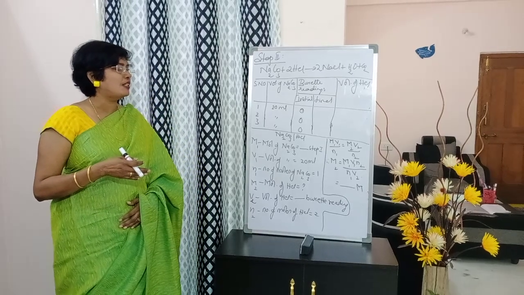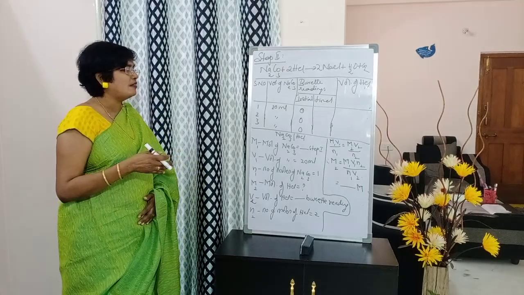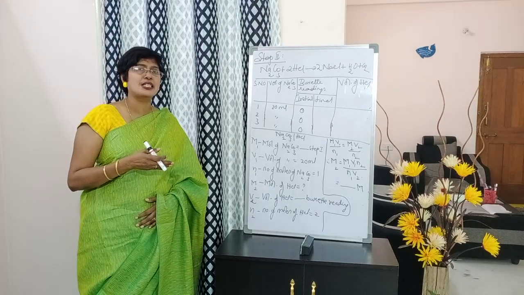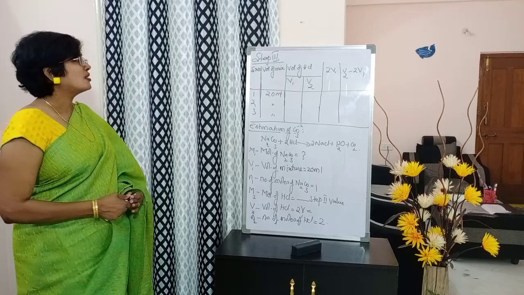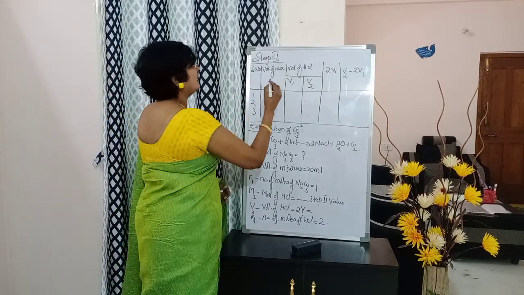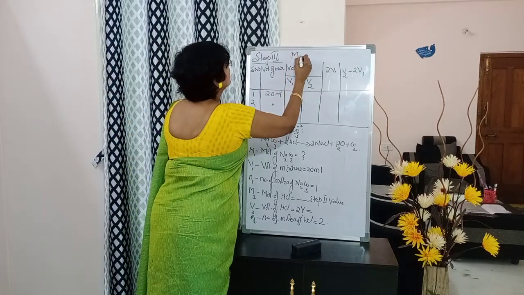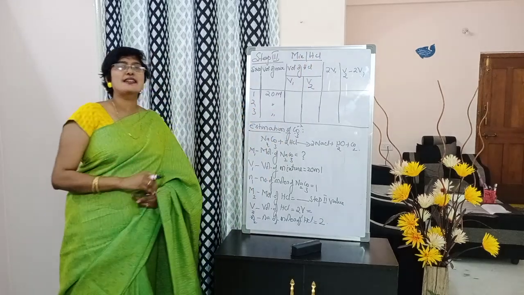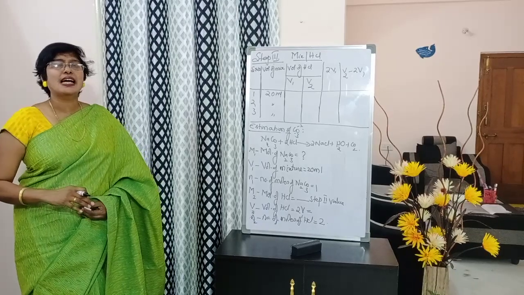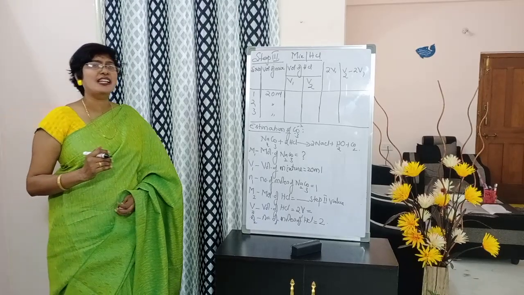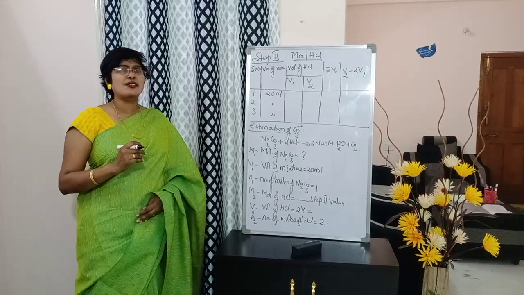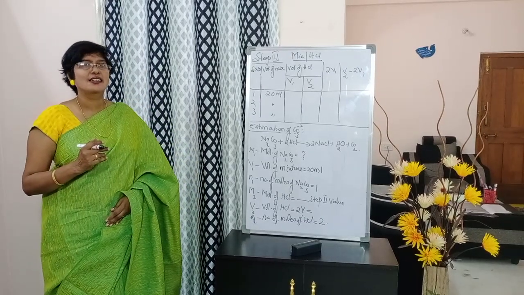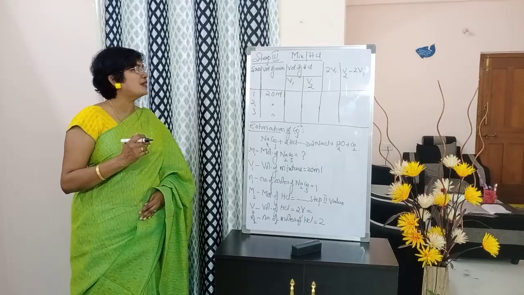You will substitute the values, and whatever value you get, you will write below, with the unit capital M. So, step 3, students, you can write here mixture versus HCl. Third step now, estimation of carbonate and bicarbonate in the given mixture. Draw the table, students. Serial number, volume of mixture.